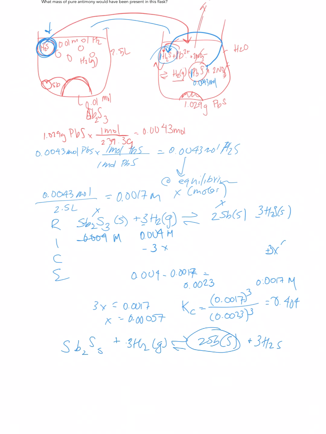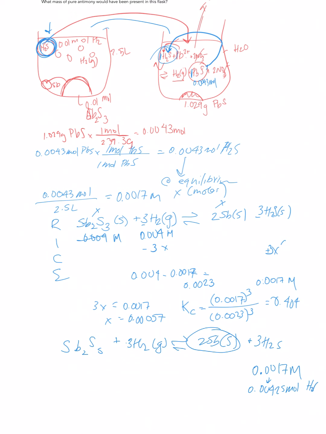We know that at equilibrium, we have 0.0017 molar of H2S. So we can convert this back into moles, all right? 0.0017 molar times 2.5 gives us 0.00425 moles of H2S.